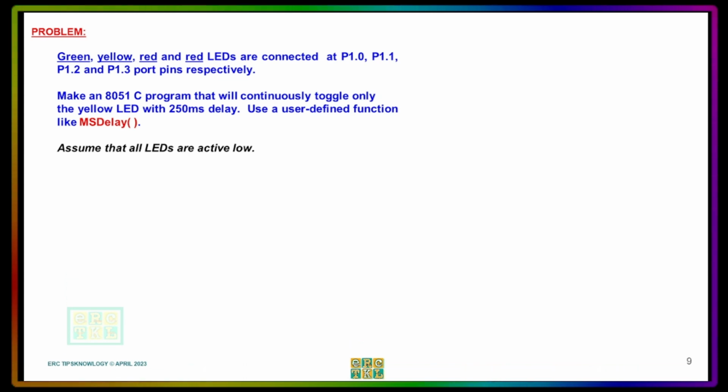So we have to make a for loop delay that will be counting from 0 to 2,499. And we will do that using a user-defined function, MS delay. When you say user-defined, it's not part of the C language command function, but you will be making your own function name.